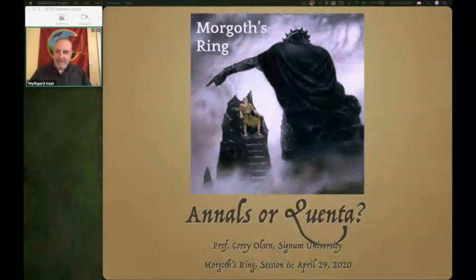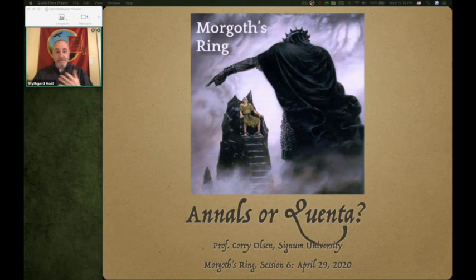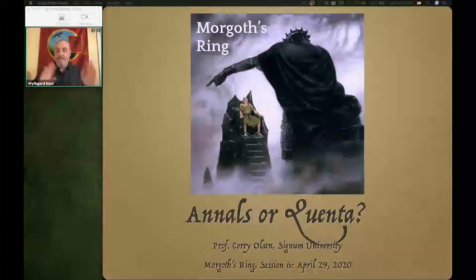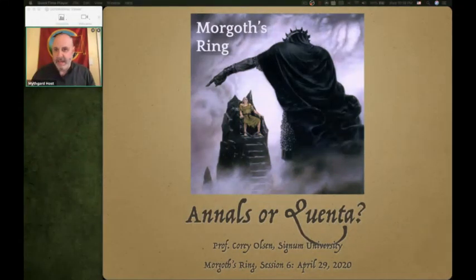And then he's going to finish the Lord of the Rings, then he's going to come back to it again, right? Now, the thing that's really complicated and that I can't keep straight, and that Christopher has explicitly thrown up his hands on and says that he can't keep straight either, is which came first, the Annals or the Quenta, right?